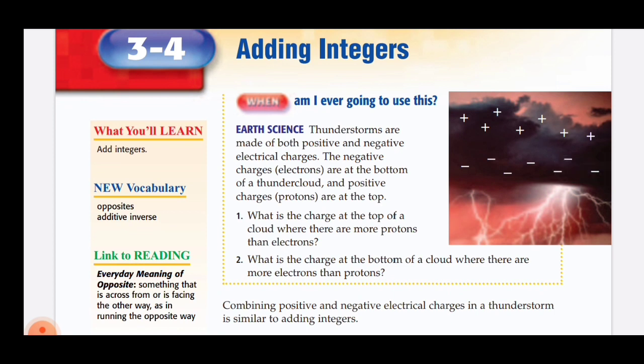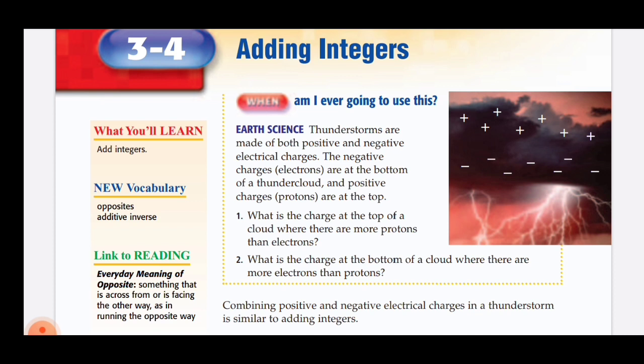When am I ever going to use this? Earth signs. Thunderstorms are made of both positive and negative electrical charges. The negative charges, electrons, are at the bottom of a thunder cloud, and positive charges, protons, are at the top. 1.